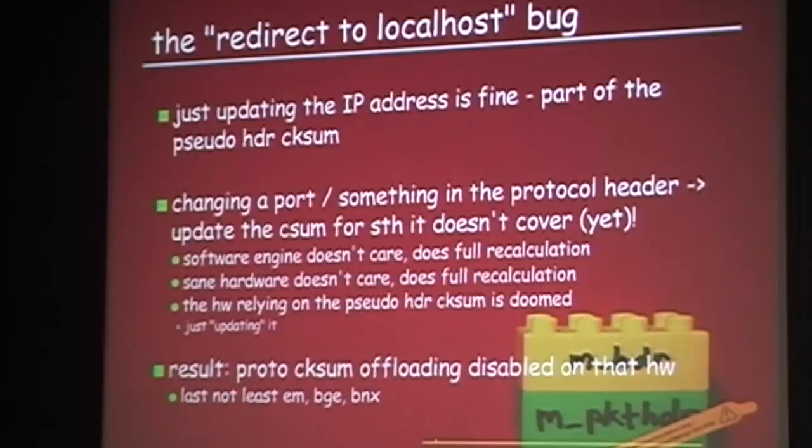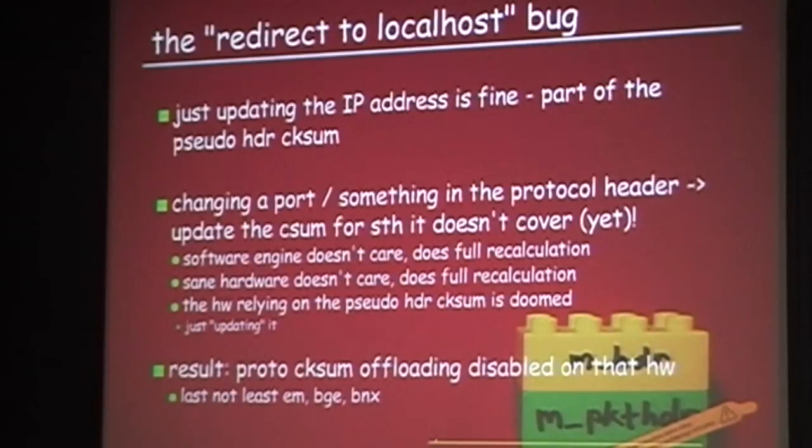Yes. So there's 3 cases to consider. The software engine doesn't care. It just does a full recalculation of the checksum now. It doesn't do this updating crap anymore. The same hardware doesn't care because it just recalculates the checksum and writes it to the packet. But Intel and Broadcom, relying on the pseudo-header checksum to be there, you're obviously doomed because now they're updating a broken checksum for the payload, and well, surprise, it's still broken.